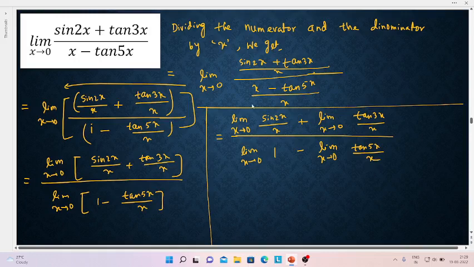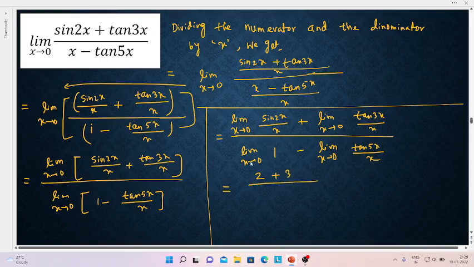Now you know that the formula of sin kx upon x when limit x tends to 0 is nothing but equal to k. So sin 2x upon x will become 2, right? And plus tan kx upon x when limit x tends to 0 is also equal to k. So tan 3x upon x is nothing but 3, right?